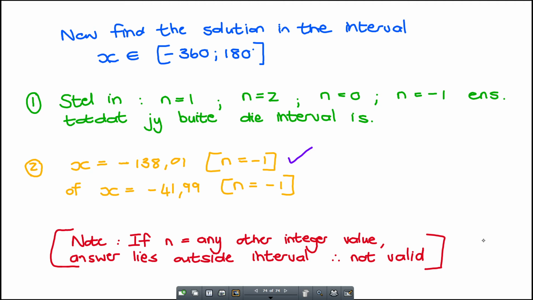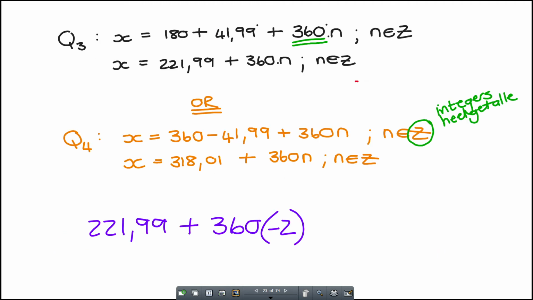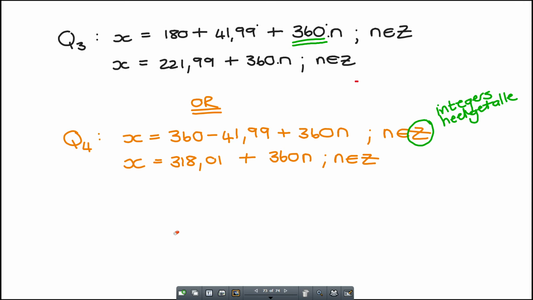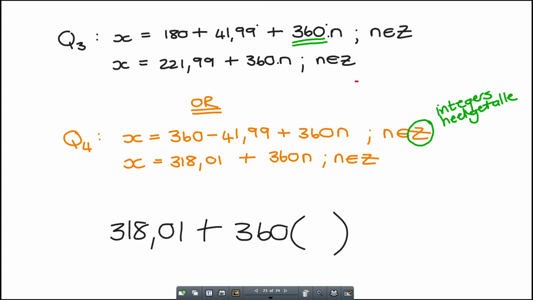Okay, nou kom ons gaan gou terug. We finished with quadrant 3. Now we've got to look at quadrant 4. Okay. So nou moet jy op jou sakrekenaar gaan intik. 318,01 plus 360 and now we've got to substitute in. So 318.